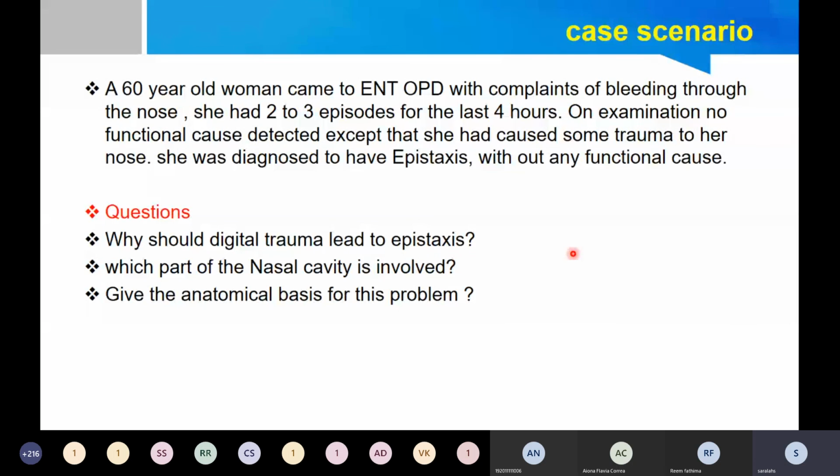Deviated nasal septum can come without any etiology or trauma, while playing basketball or whatever, large amounts of blunt injury can lead to deviated nasal septum also. So you should be able to describe what the nasal septum is, its components, bony and cartilaginous, the nerve supply, blood supply, all those things.